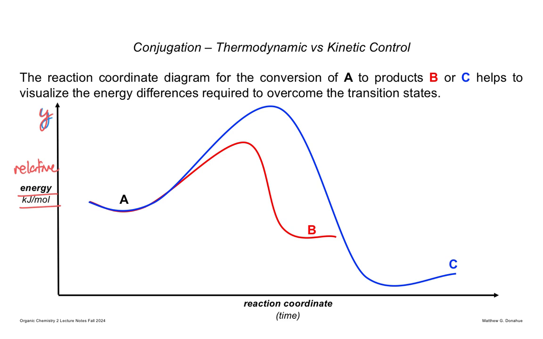And why is that? Because remember, sigma bonds rotate, right? So you have that, plus you have this vibrational energy. You have all these different energies, and it's really hard to know that absolutely. So the reaction is of the form, the starting material, diene, can go to one product plus another product.